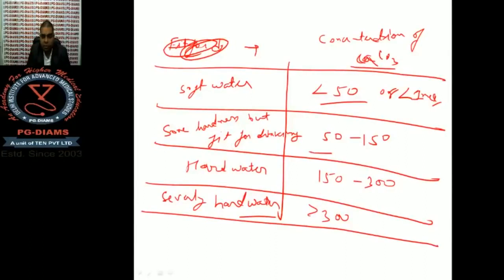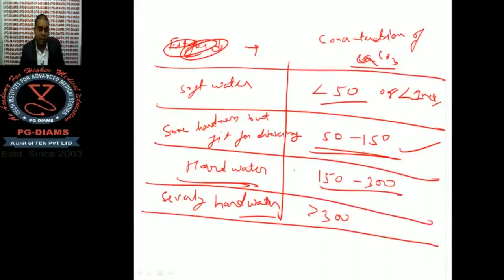If it is less than 150, it is drinkable. For hard water, it should be more than 150. So the objective question that they ask is, if the hardness of water is between 150 to 300, it will be classified as hard water.